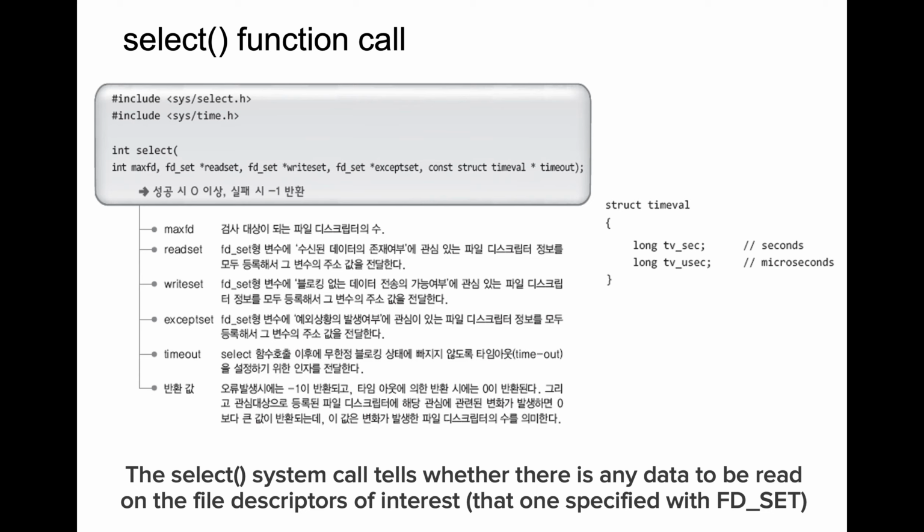And the maxFD will be the value 2, meaning the file descriptors I could possibly be listening to are less than 2, that is, 0 and 1.